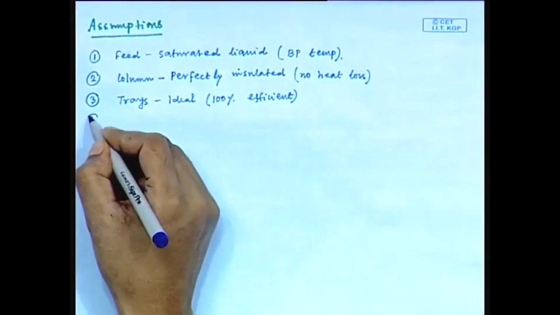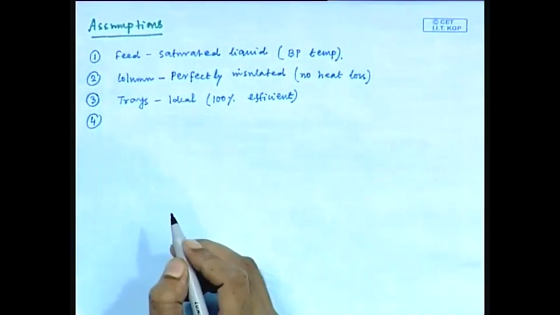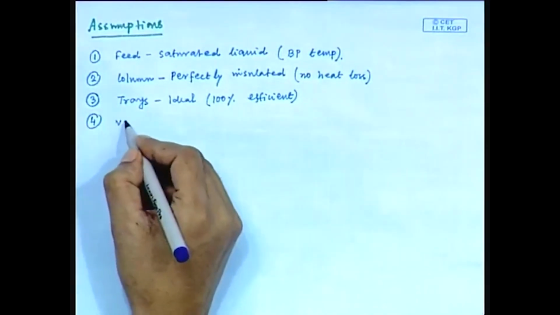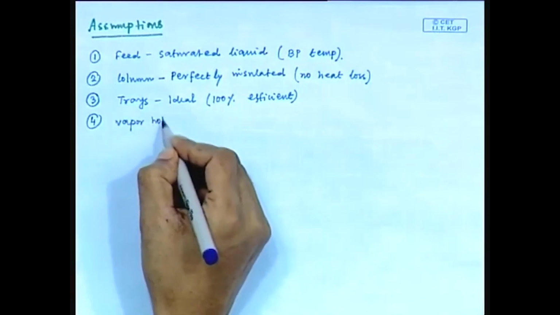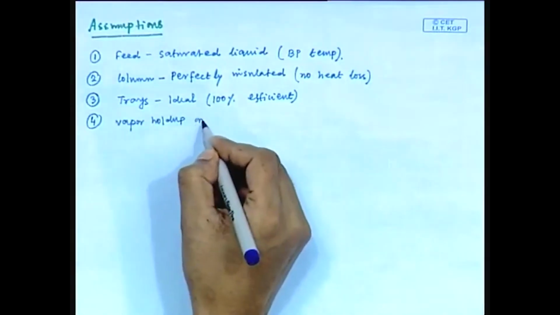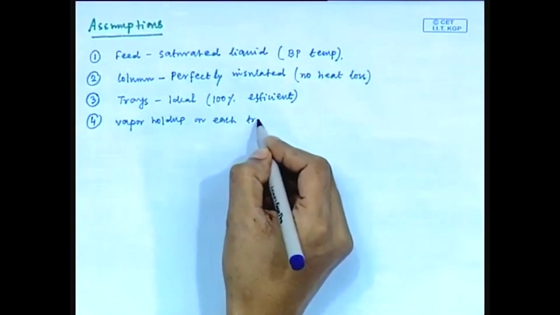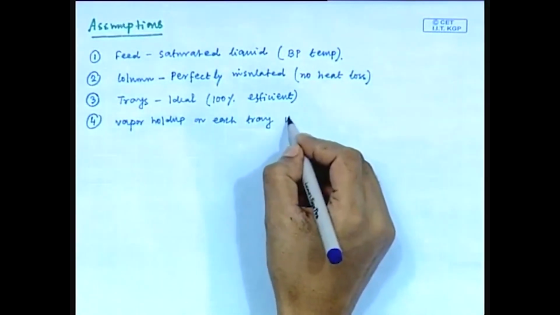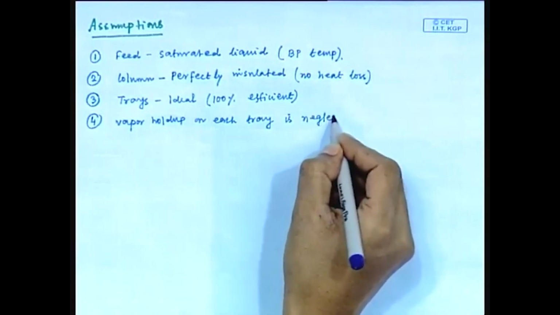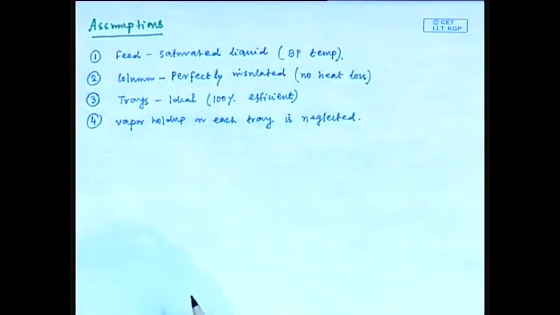Next assumption is there is no vapor hold up. Vapor hold up on each tray is neglected because the density of vapor is much lower than the density of liquid. That is why we are considering this.